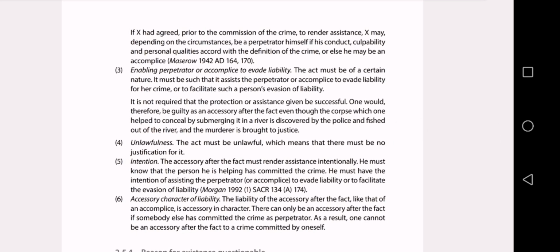If X had agreed prior to the commission of a crime to render assistance, X may, depending on the circumstances, be a perpetrator himself if his conduct, capability, and personal qualities accord with the definition of the crime, or else he may be an accomplice.